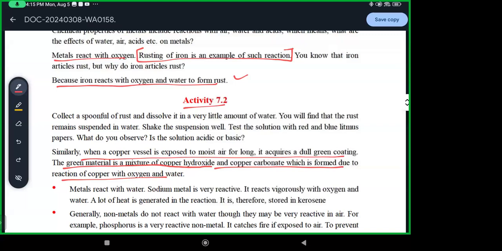So some food also reacts with metal. Some food which has an acidic nature also reacts with metal.